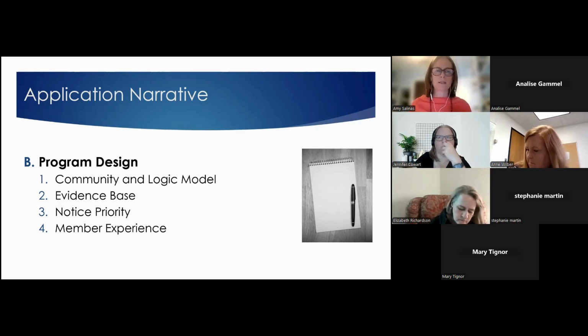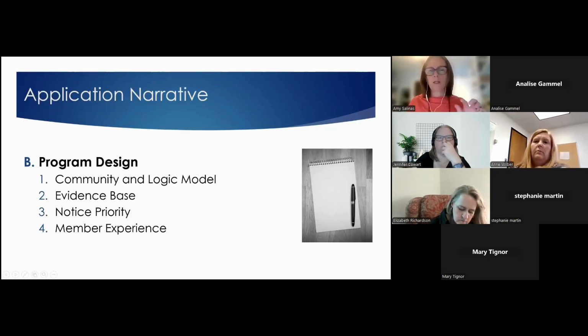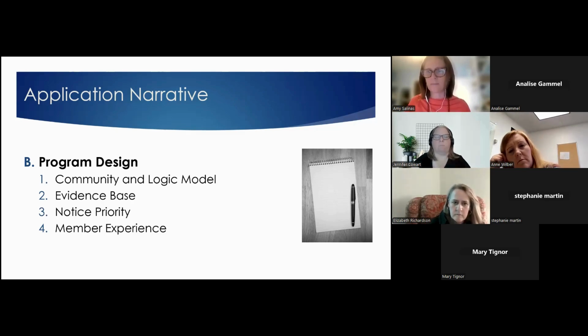What happens is that your application will award points for that first section. I'm going to go back: that community and logic model section will have a point allocation, okay? So will evidence-based, so will notice priority, so will member experience. They'll score you on each of those subsections.